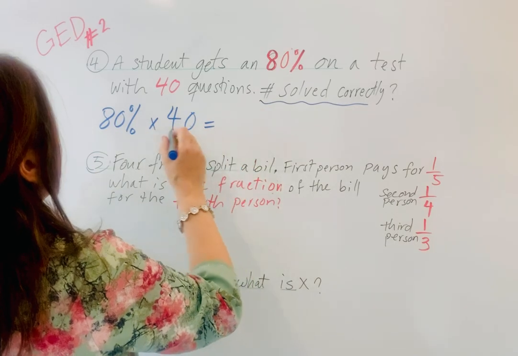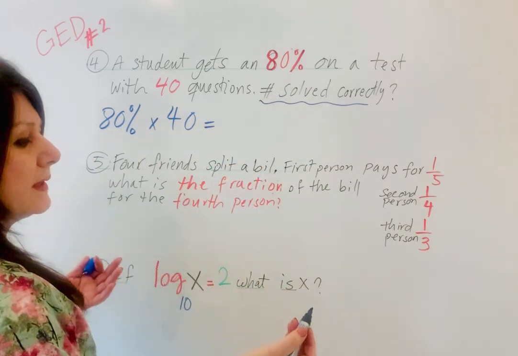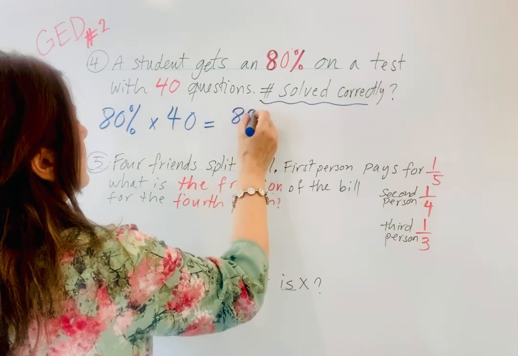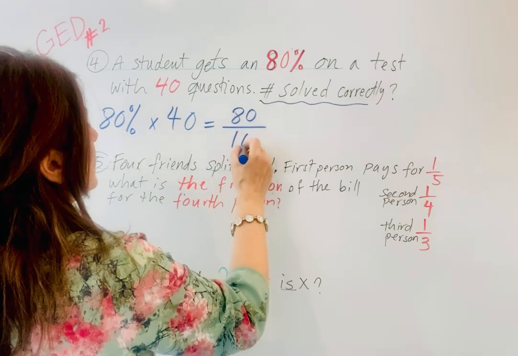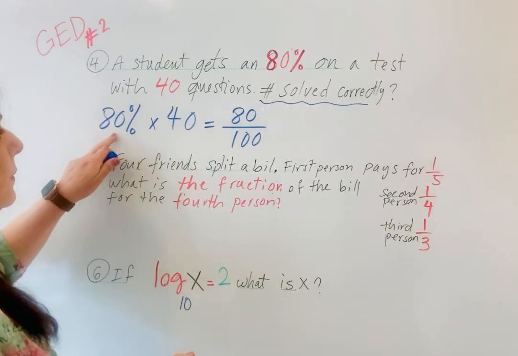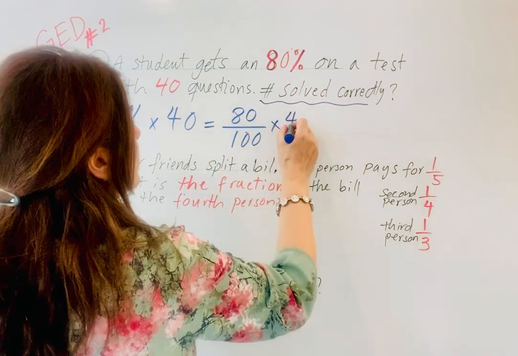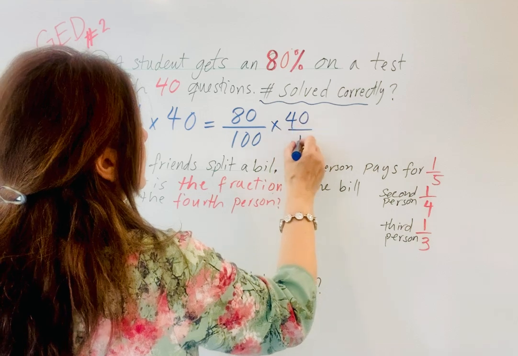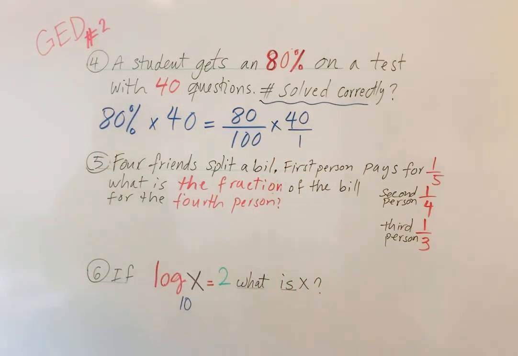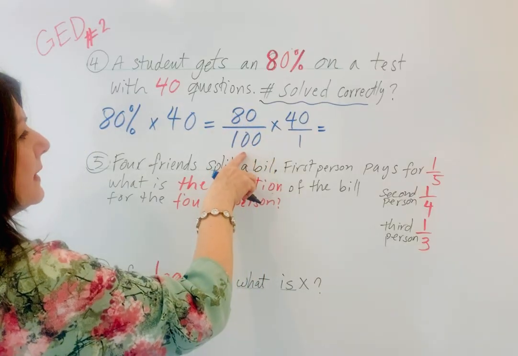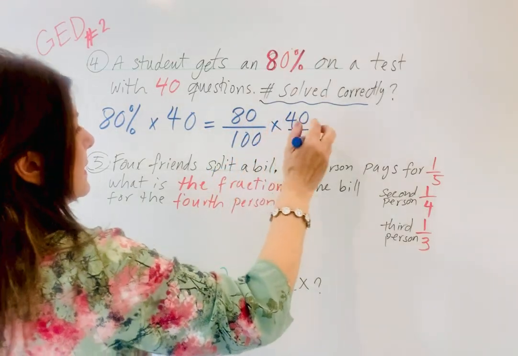We can solve it without using any calculator right now. 80% is 80 over 100, times 40. We can give 40 a denominator of 1. We can simplify here or here, it doesn't matter.